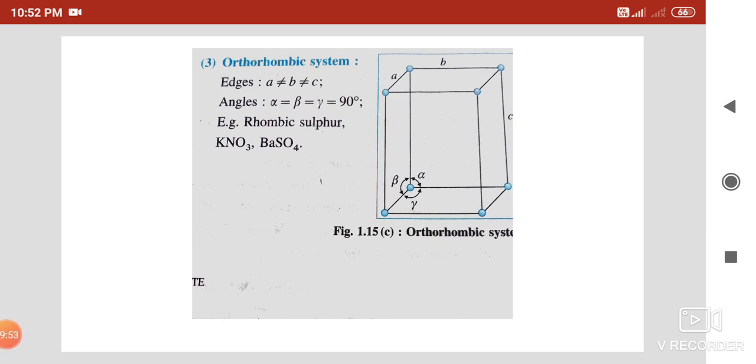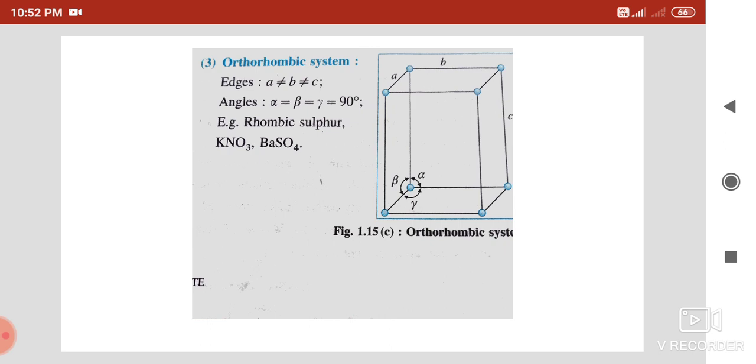Now the third crystal system is the orthorhombic system. In this orthorhombic system, side A, side B and side C, all three sides are different in length.